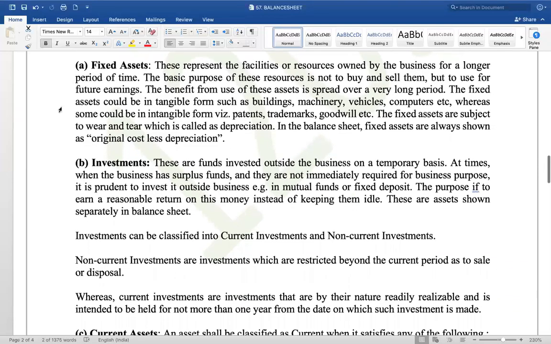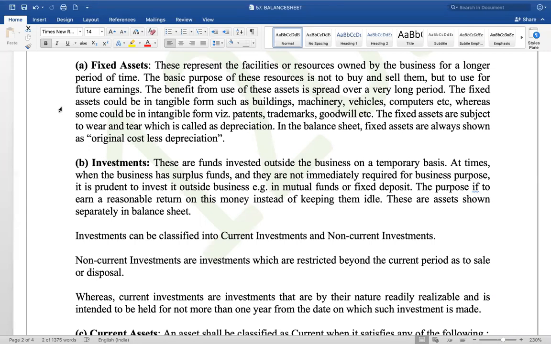Let's look at the fixed assets. If you're procuring a tangible resource whose benefit you will reap for years to come, that's a fixed asset. Let's say you're procuring land to erect a plant, that's for a long term, whose benefit you will derive for so many years, 30, 40, 50, 100 years.